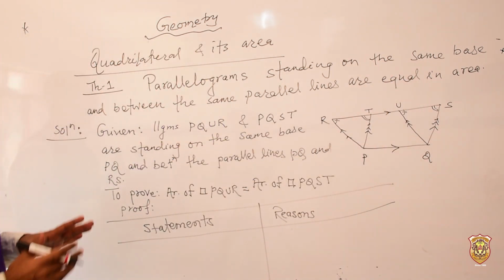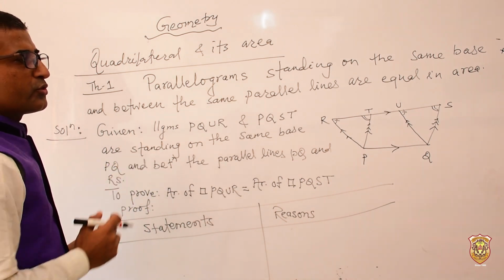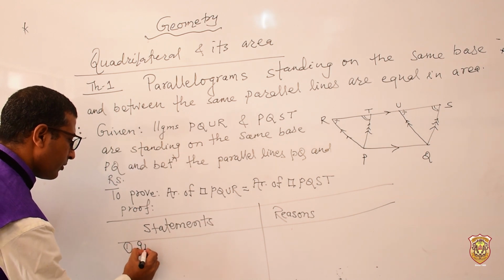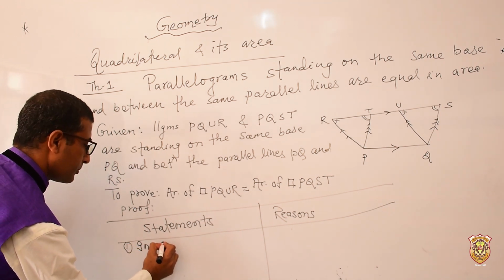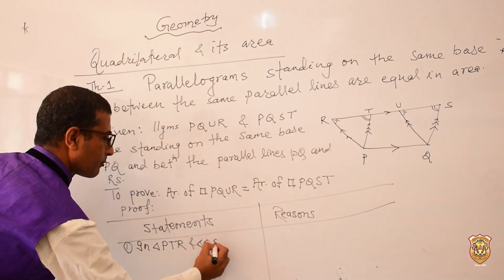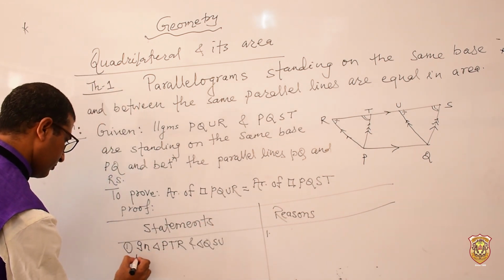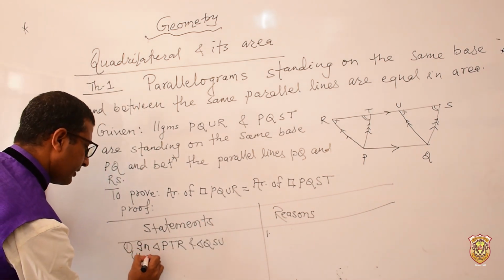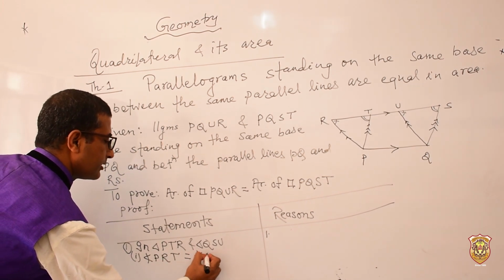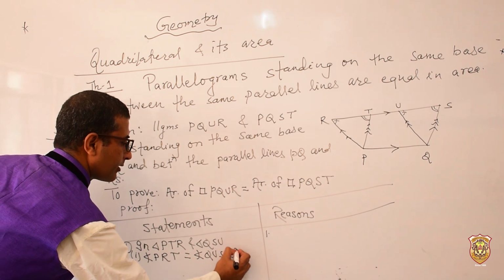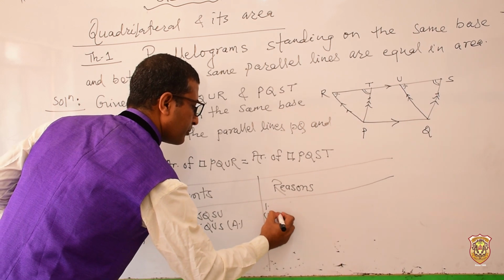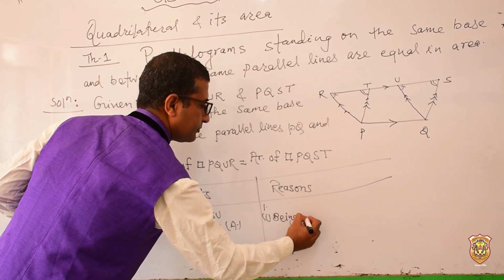So using angle-angle-side, we can prove these two triangles congruent. Angle PRT equals angle QUS. Reason is being corresponding angles.